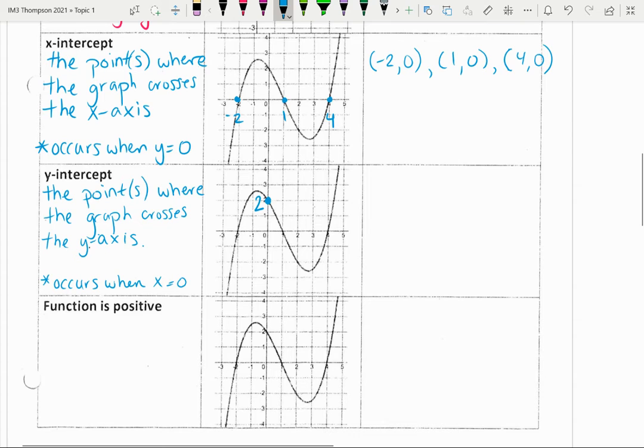In this picture, it only crosses the y-axis one time. And the coordinate of that point is, remember, x comes first, so left or right, 0, and then up 2. We will be writing intercepts as coordinates.